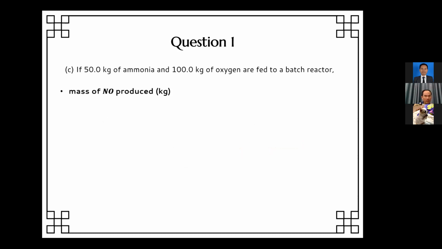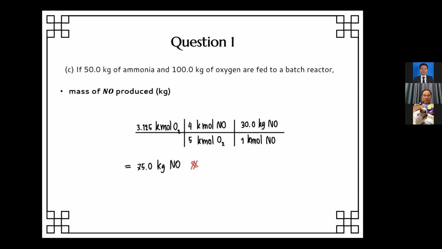And finally, we need to find the mass of nitric oxide produced. So we calculate the mass of nitric oxide produced by using the moles of the limiting reactant, oxygen, the ratio between the limiting reactant and the product, and the molecular weight of the product.